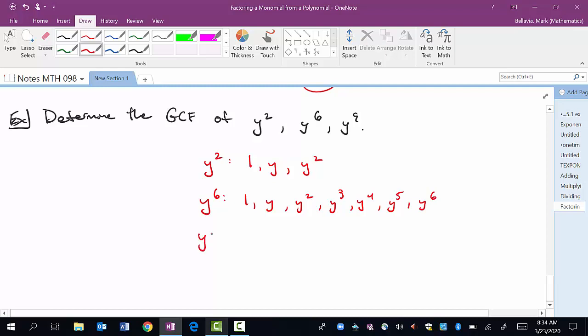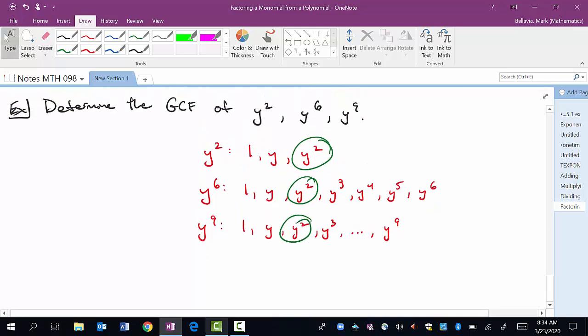And if I was listing the factors for y to the 9th, again, 1, y, y to the 2nd, y to the 3rd. I think you get the idea. This goes all the way up until y to the 9th. So if I'm looking for the greatest common factor, I just want the largest one common to all three lists. The one that's largest common to all three is y to the 2nd.